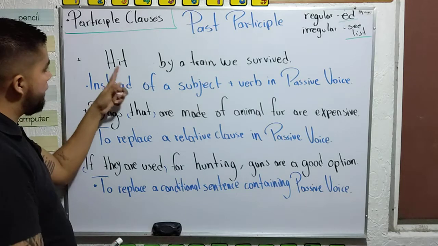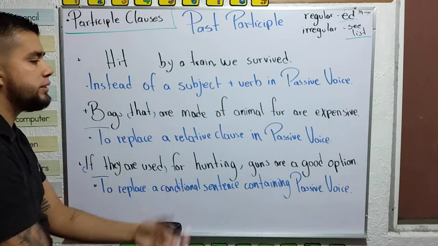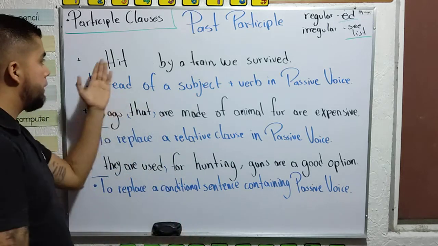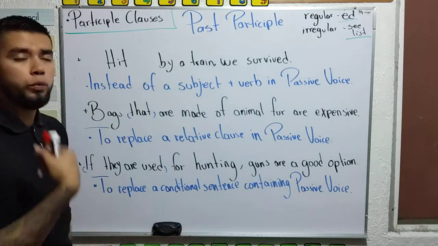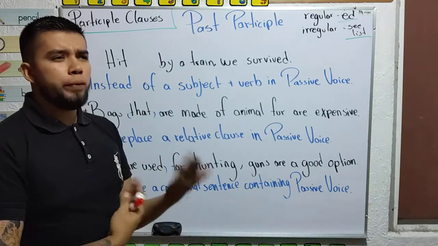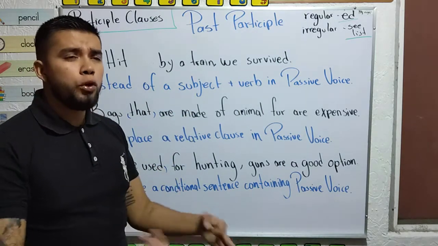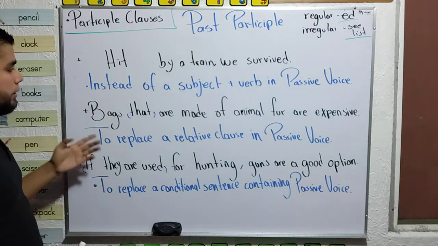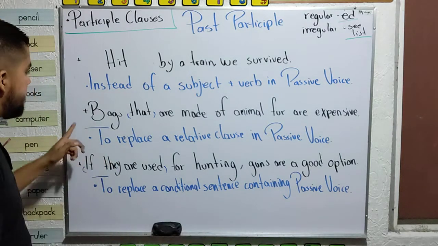So, hit replaced the subject and the verb. Hit by a train, we survived. And I included we to be a little bit more specific about who received the action.